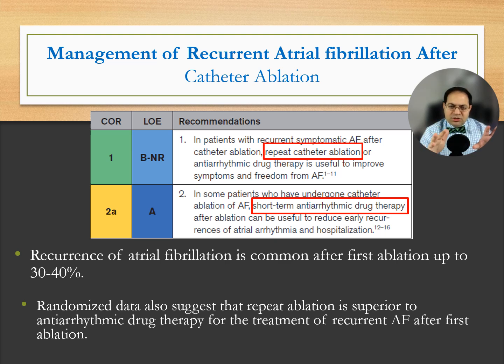If the medication is not good enough, or the patient still has a lot of symptoms, is intolerant of the medication, or doesn't want to take medication, a second ablation can also provide more relief and improve the outcome of catheter ablation. So sometimes a patient needs multiple catheter ablations to significantly get rid of or improve the burden of atrial fibrillation.